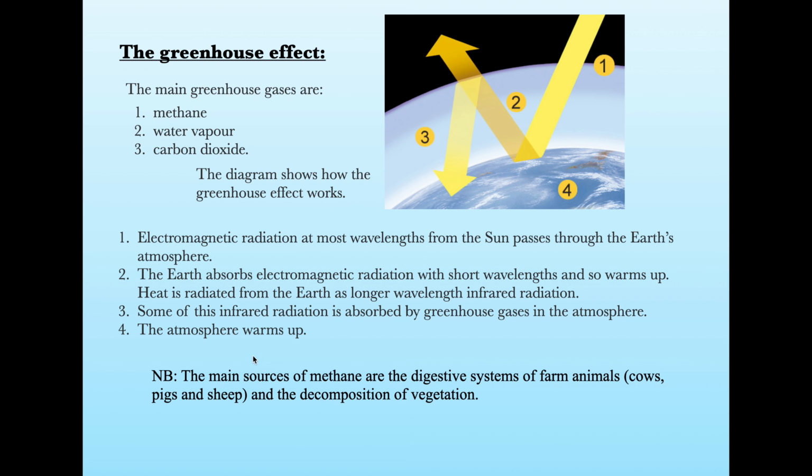Methane. The main sources of methane are the digestive systems of farm animals, cows, pigs and sheep. Okay, so the flatulence of farm animals, and also the gases from both ends of these animals cause an enormous amount of methane to be expelled. You can also get methane from the decomposition of vegetation, which you may have experienced walking through a bog or a swamp.